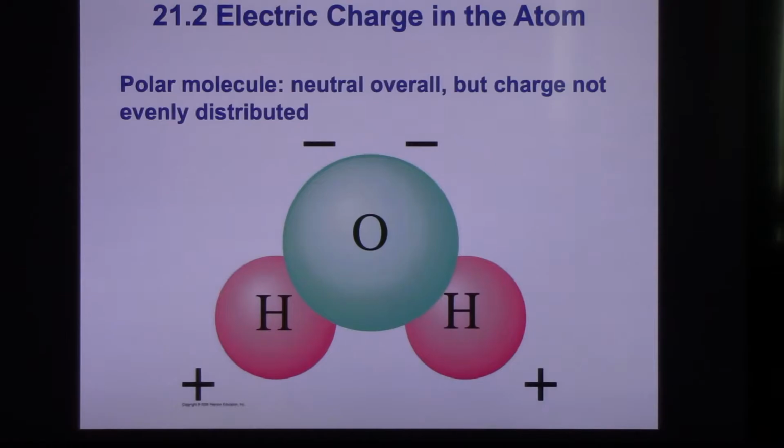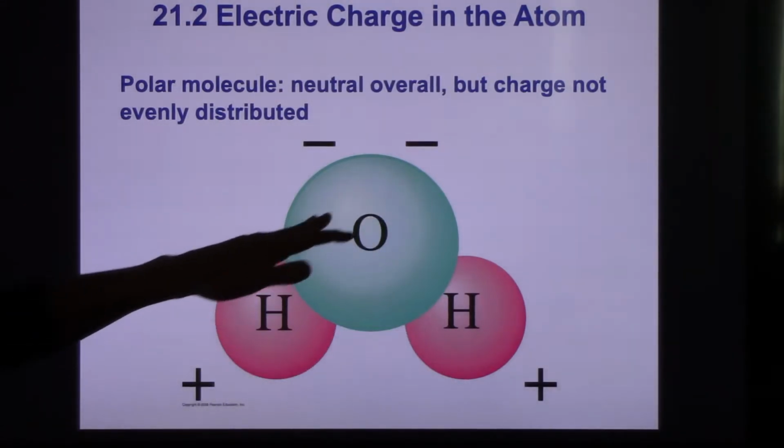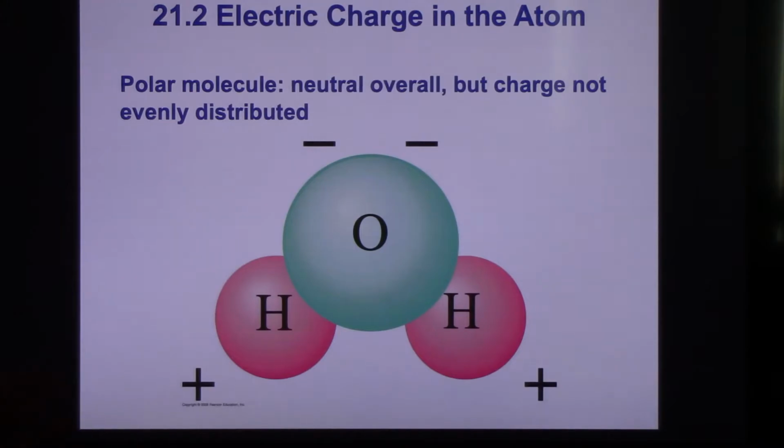And it's important because it means that at Earth temperatures, for example, water is a liquid. If it didn't have these leftover positive and negative charges, which tend to attract other water molecules, water would be a vapor, which would very much change certainly the development of life on Earth.